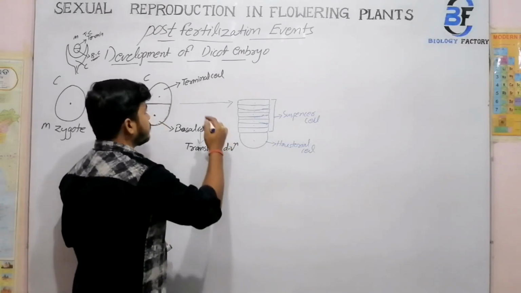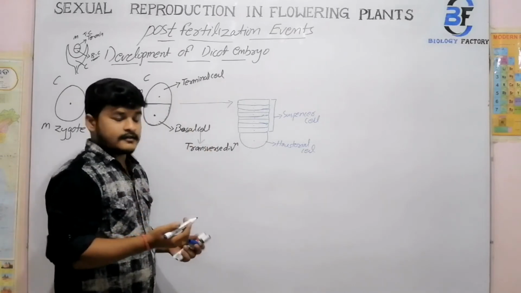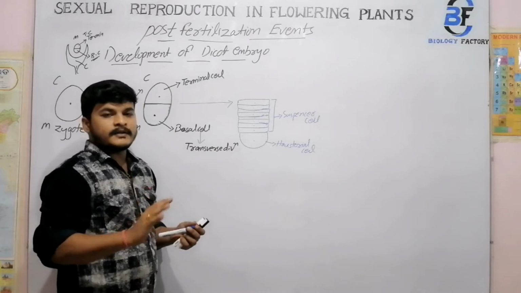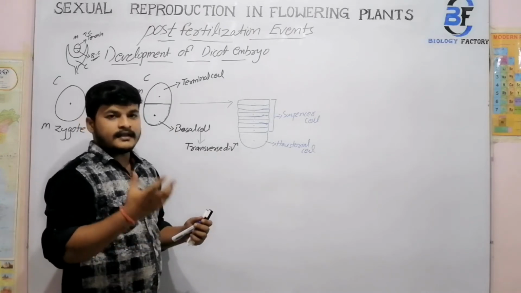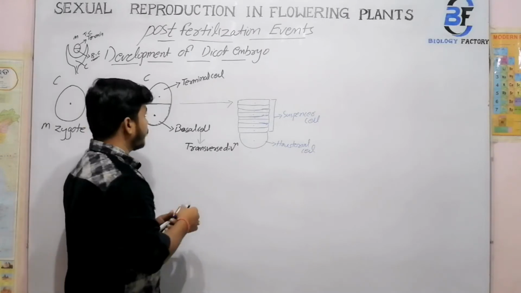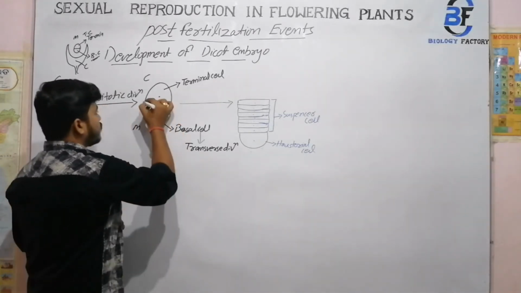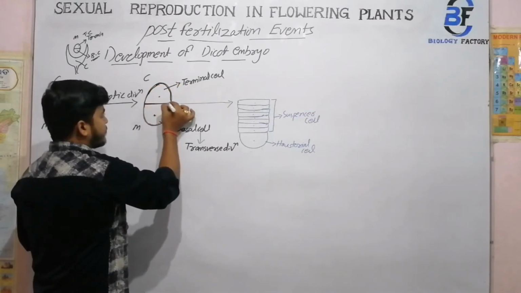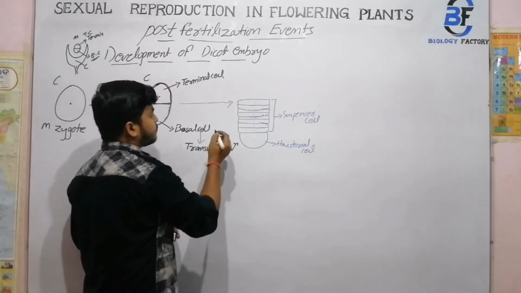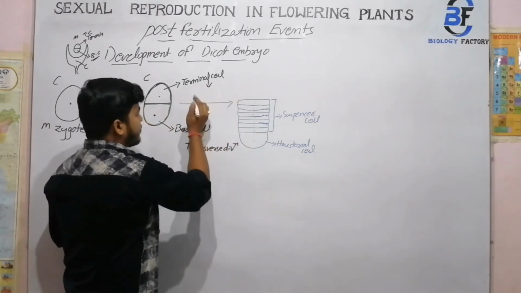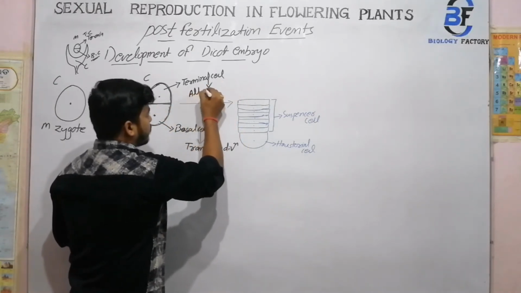Next, the terminal cell also changes, but in the terminal cell the division takes place in all planes. That means it gives rise to a mass of cells. So when the terminal cell, the cell towards the chalazal end, divides, it divides in all planes.